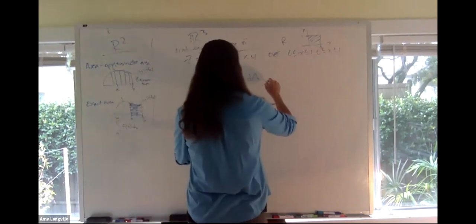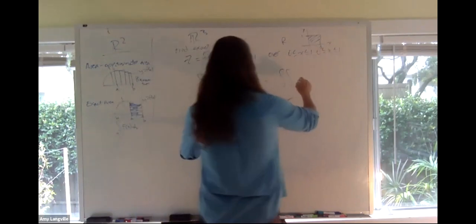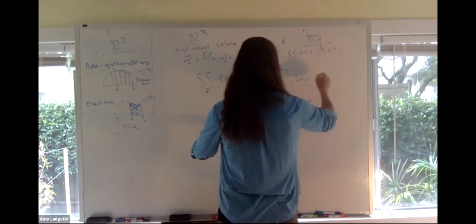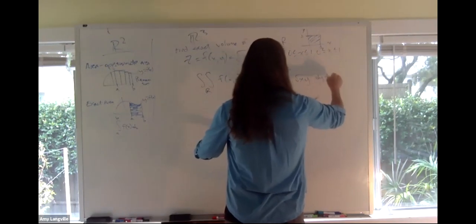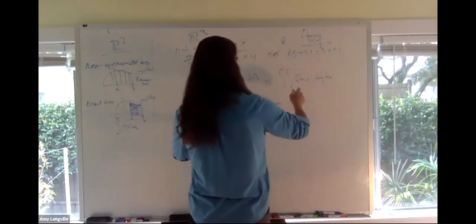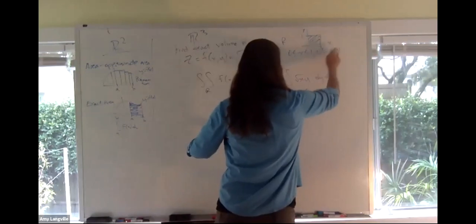For us, this then becomes the square root of xy, and then we're going to talk about how we got dy dx. Oh, sorry, all this time I had that as an x, that should be a y.